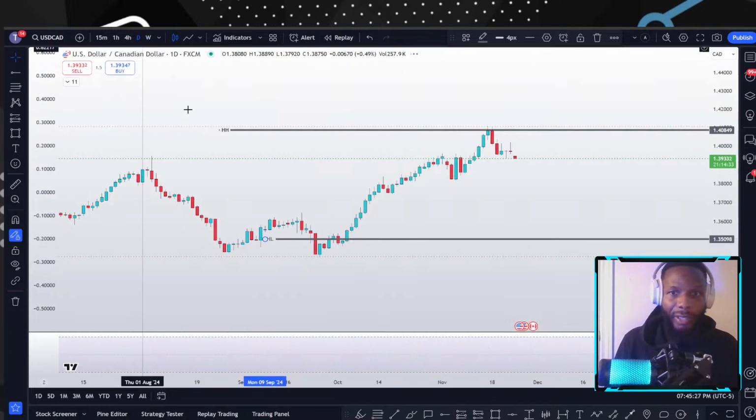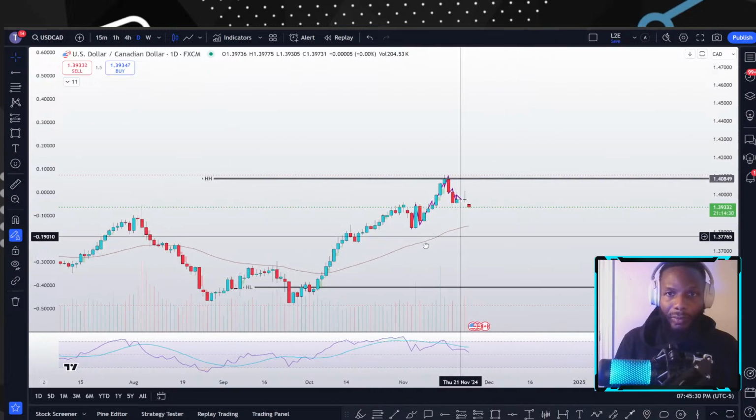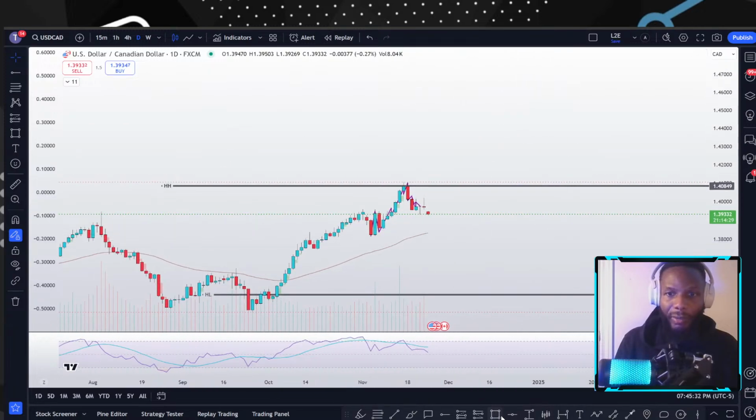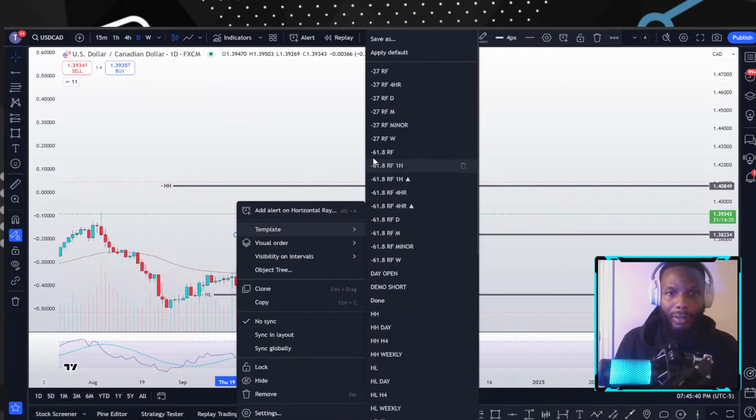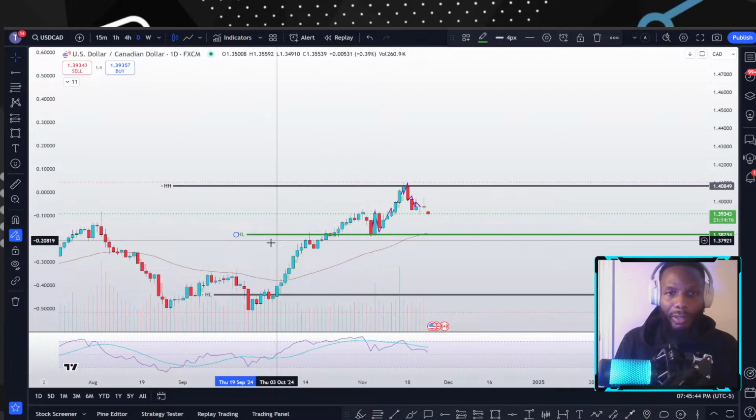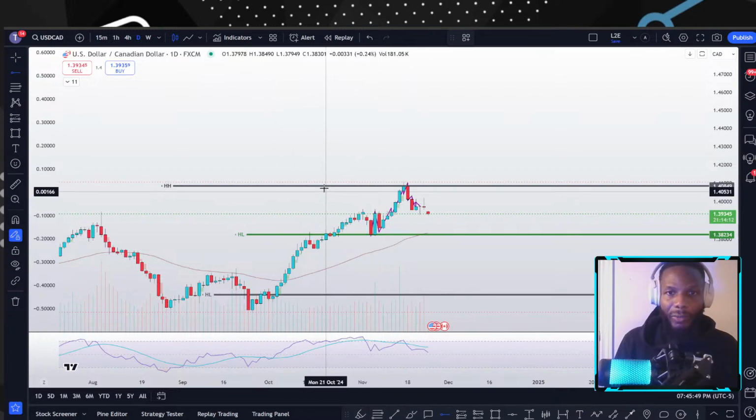And then when I was on the daily, the range was right here. Here, higher low daily, and to add the top of the range, which is here.